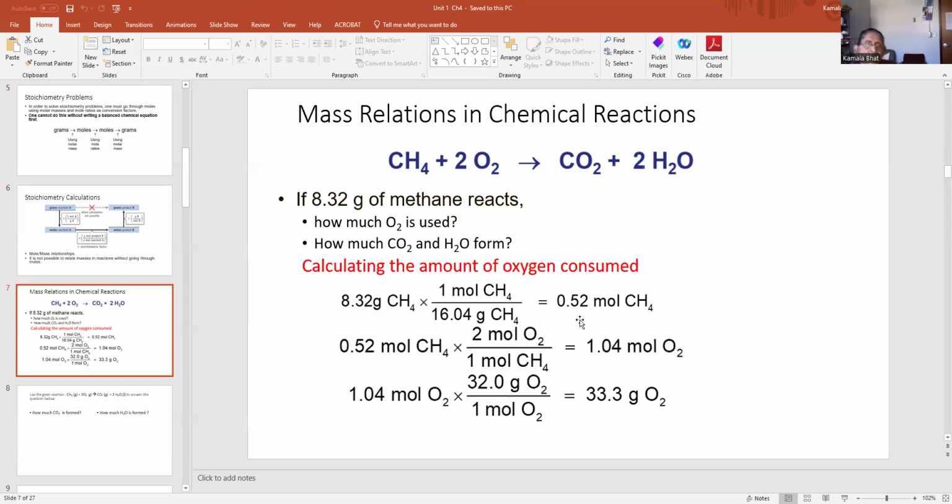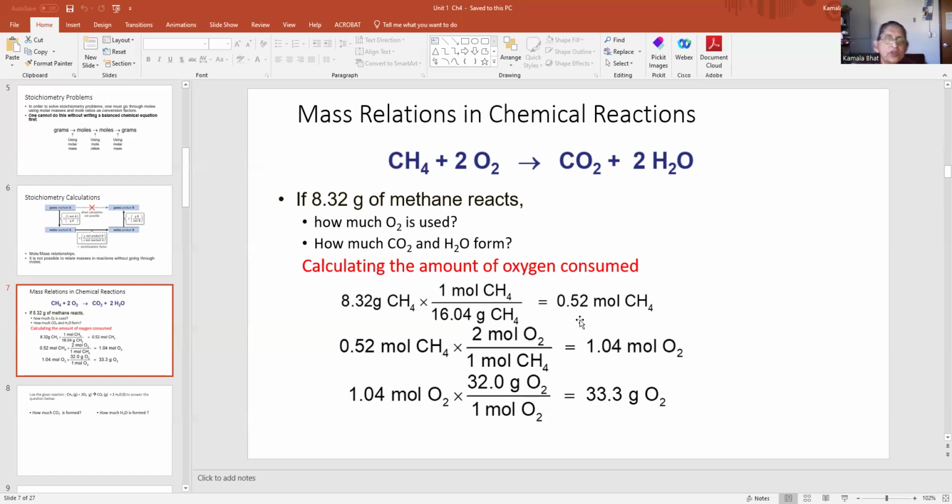And so now, using the same relationship in the problem, you are given 8.32 grams of methane, and you want to know how many grams of oxygen is used and how much carbon dioxide and water is formed. So you can see, convert the grams of methane to moles of methane.